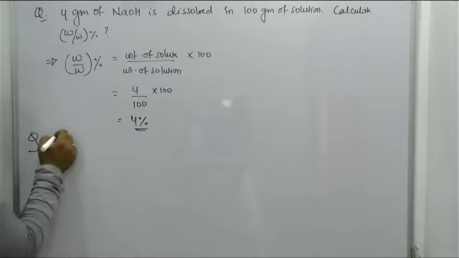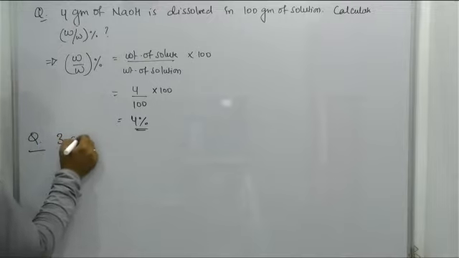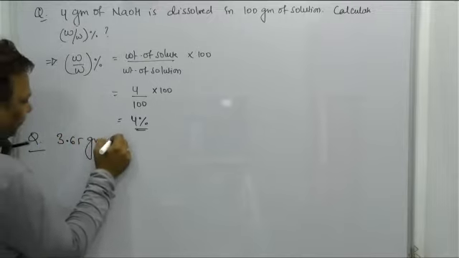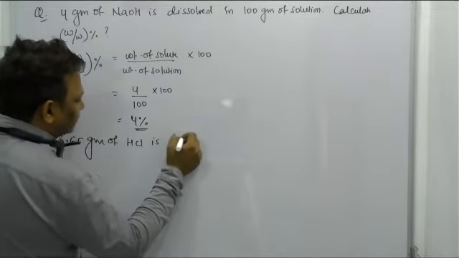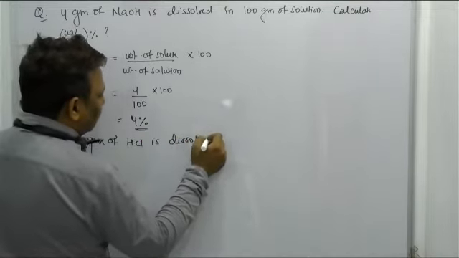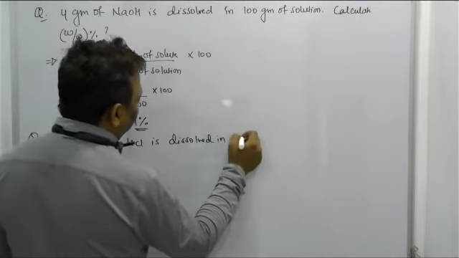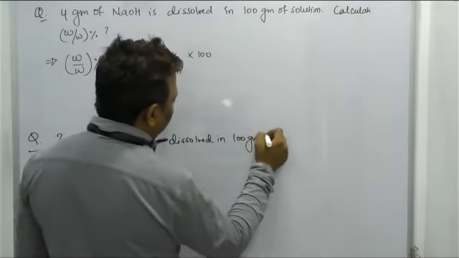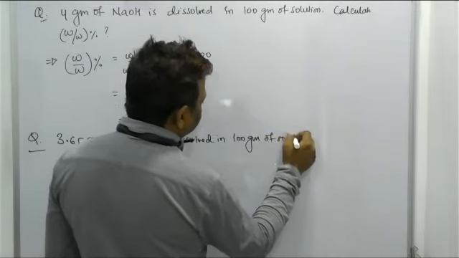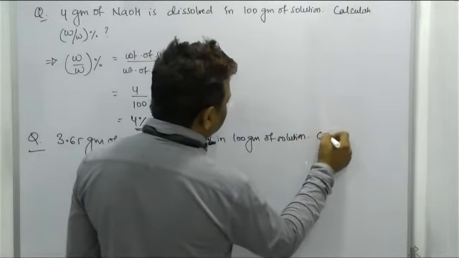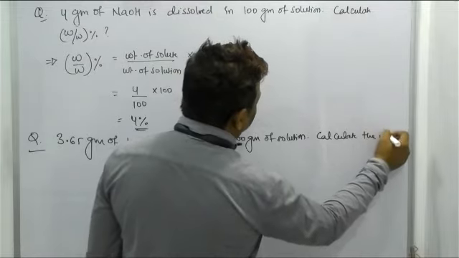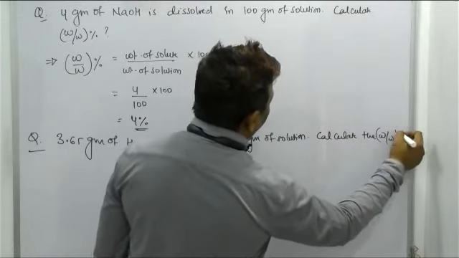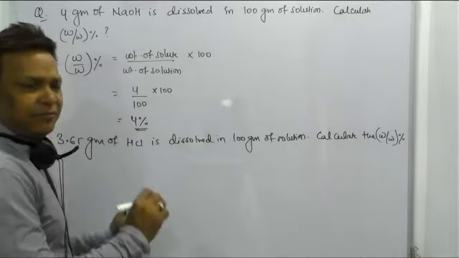Second question I will explain to you. I am having 3.65 gram of HCl, hydrochloric acid, dissolved in 100 gram of solution. Then calculate the W by W percentage. See, the same formula.